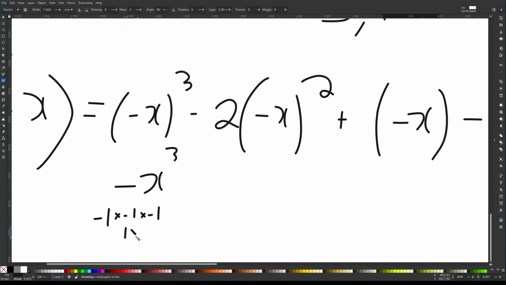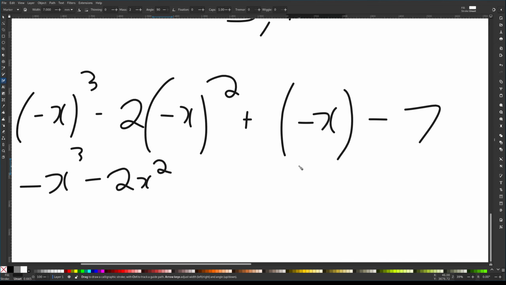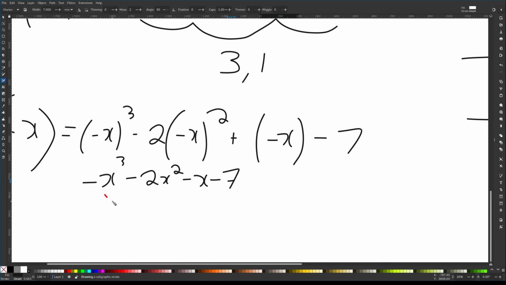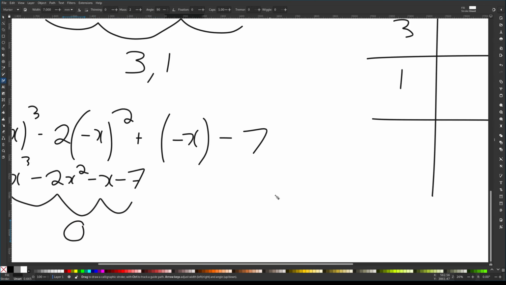These turn into just 1 times negative 1. Okay, that's out of the way. Negative x cubed minus 2 negative x squared, so x squared, plus negative x, that's just minus x, minus 7. And in this case, we don't see any sign changes, so there are 0 negatives.